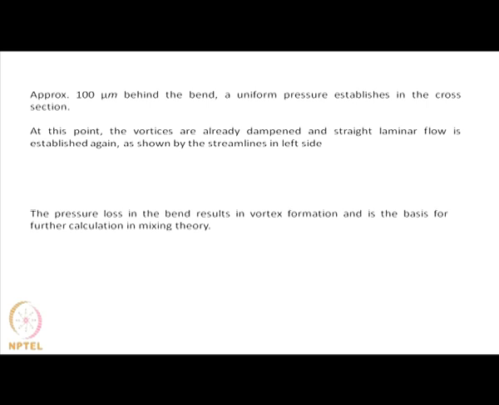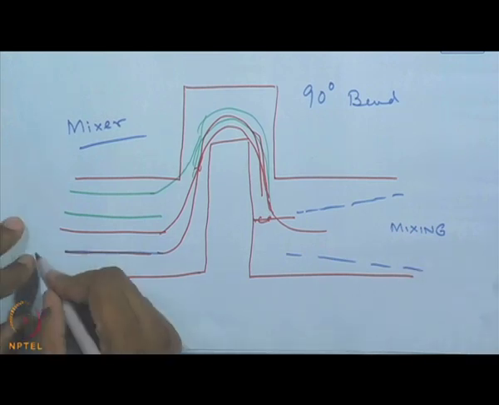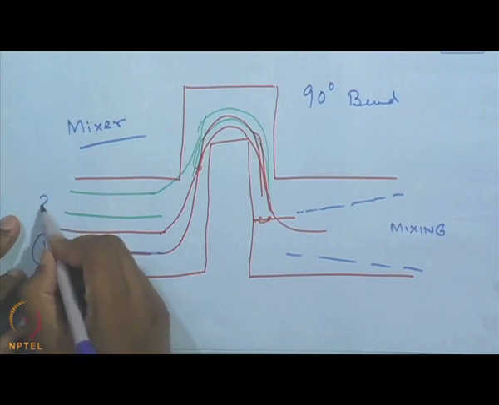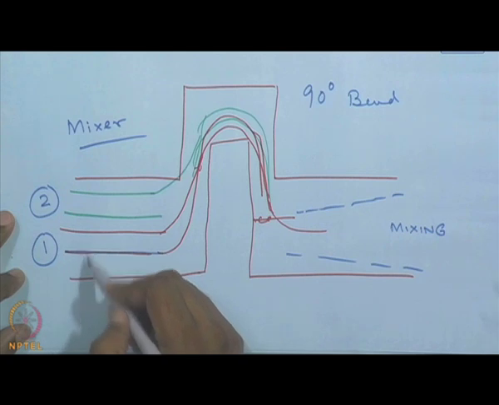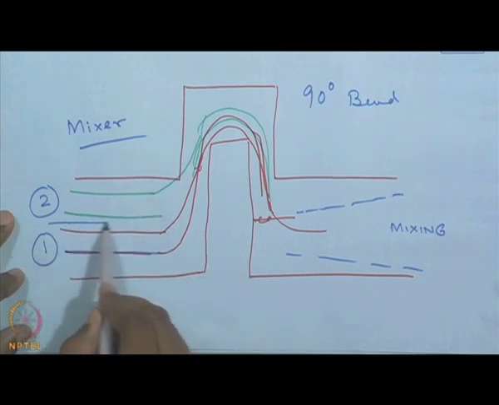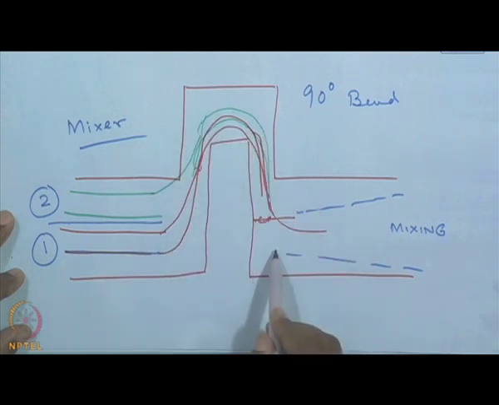Let's just think of how the 90-degree bend works, and this is an experiment which has been done with two different fluids. I have fluid 1 which is flowing and fluid 2, and the volumetric flow of these two are the same. The fluids are clearly separated, and then there is a 90-degree bend in the path.